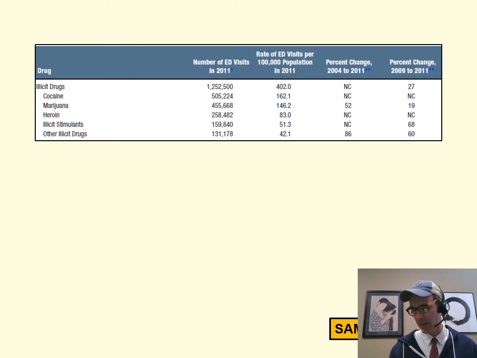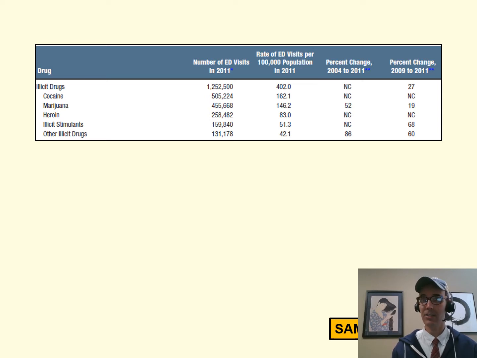Here's a table where you can take a look at similar information that's reported for illegal drugs like cocaine, methamphetamine, and the like. I guess you'd have to back up the video to notice, but if you did, you'll see that the number of emergency department visits in the year 2011, and indeed in just about any other year I've looked at, for abuse of pharmaceuticals is quite a bit higher than for illegal drugs.